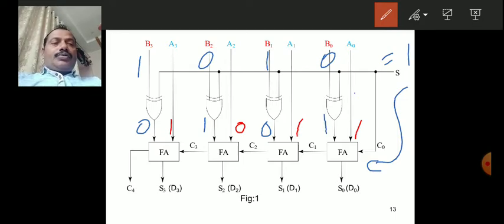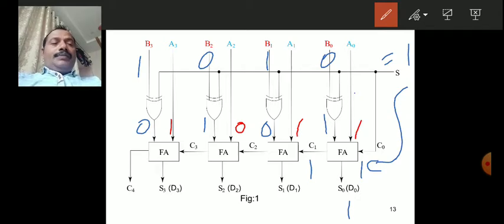So these are the inputs, and the first full adder is getting the carry bit 1 also. So first full adder addition: 1 plus 1 plus 1 is 1 1. So carry is 1, sum is 1.